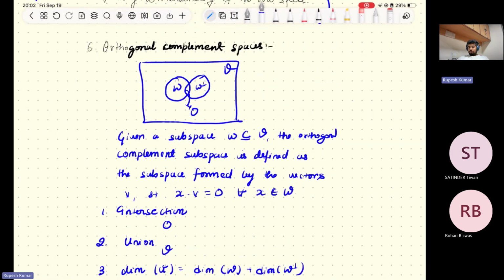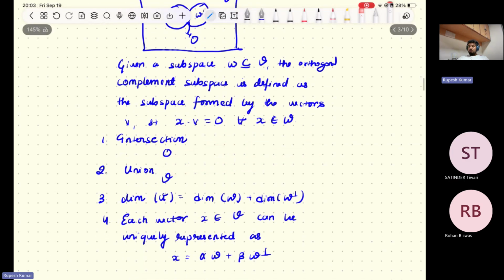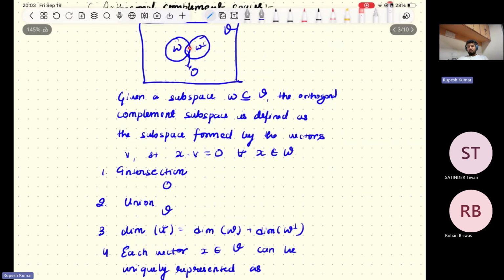It's not exactly a complement set, but an orthogonal complement. That's why we are giving it a special name. We are not saying it's the complement set. It's an orthogonal complement whose definition is given like this: all the vectors x dot v have to be 0. So this also includes the 0, which will be the intersection of these two sets, which I have modified the Venn diagram to show here. Okay, it doesn't mean we don't have to take into account the meaning of the complement.